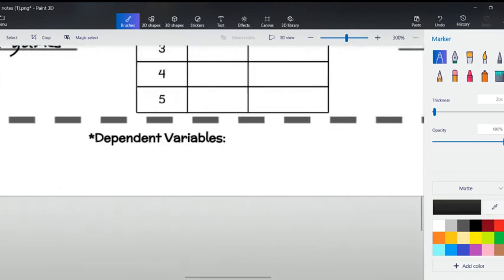Dependent variables are y values, or our outputs.